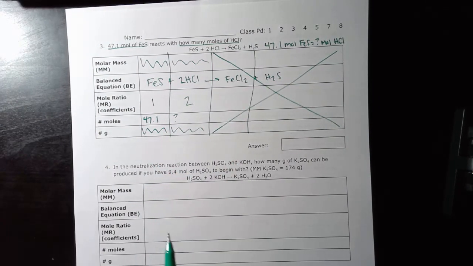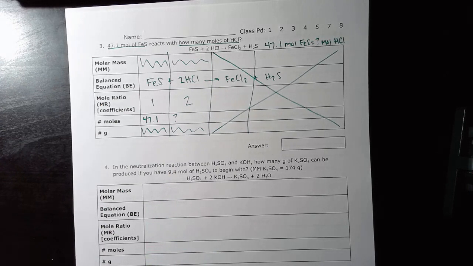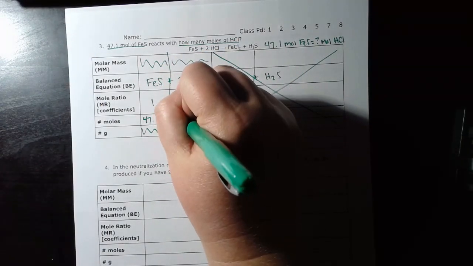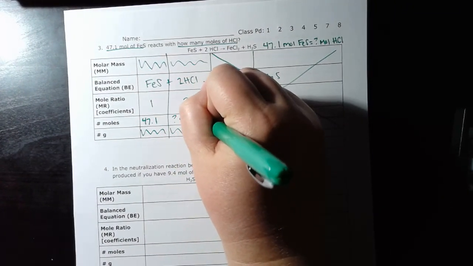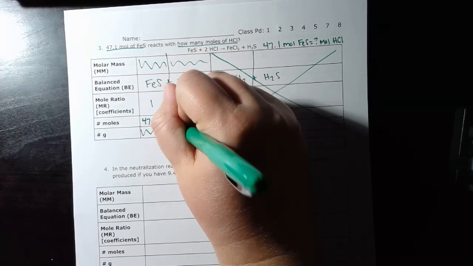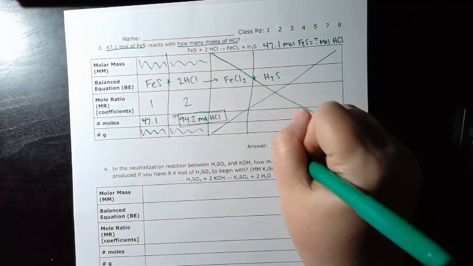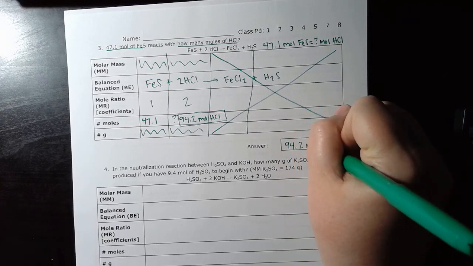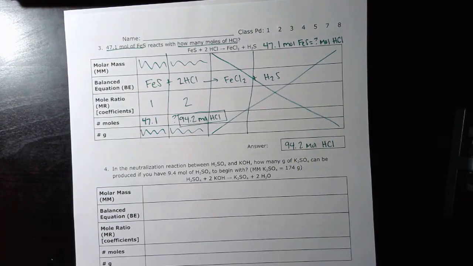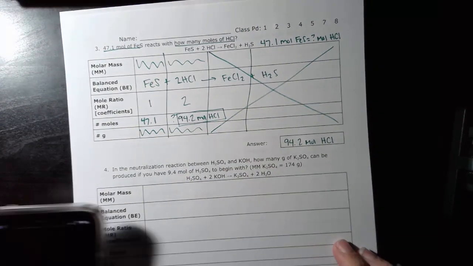So we have 47.1 times 2 divided by 1. So this gives us 94.2 moles of HCl, because that's where we're stopping.